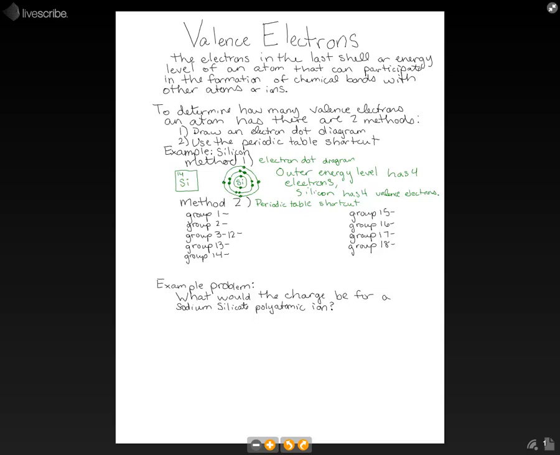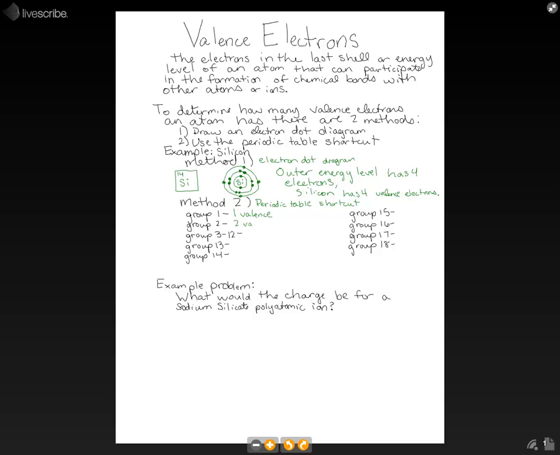Using the periodic table, the number of valence electrons corresponds to the group number that the atom falls under. This is true for most of the elements on the periodic table, but not quite all of them, so we'll go through them. Group 1 has 1 valence electron.